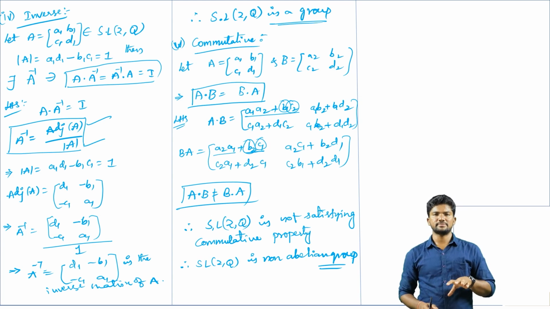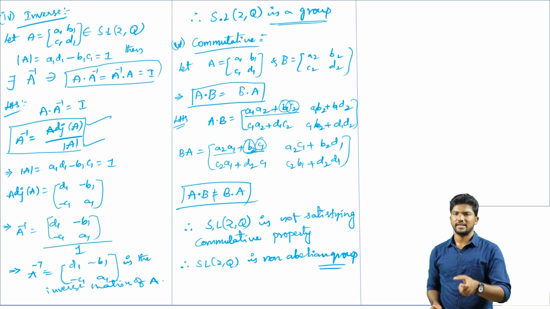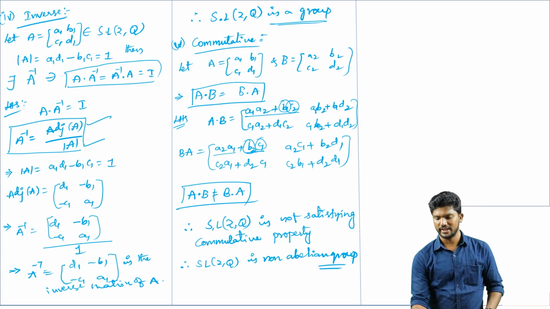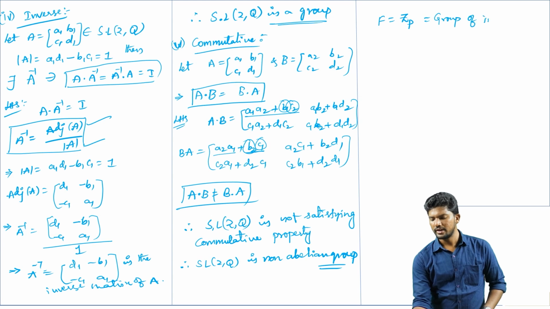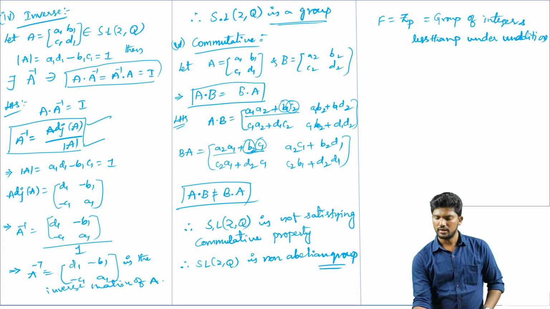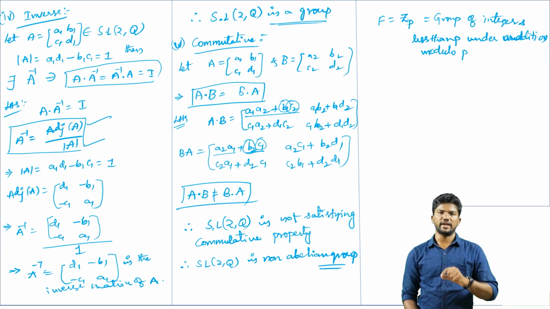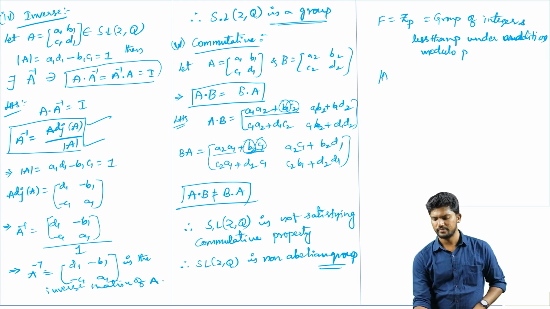If they ask with respect to rational numbers, you have to do it in this format. Otherwise, in the examination, we have another possibility, that is capital S is equal to Z suffix P, where Z suffix P is the group of integers less than P under addition modulo P. That means while finding the determinant of the matrix capital A, we have to use the modulo P arithmetic process.